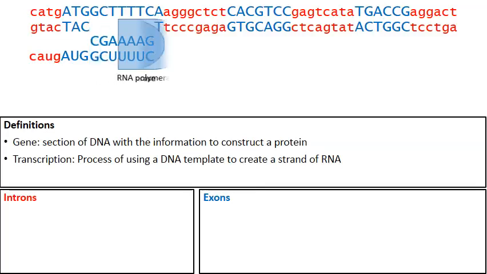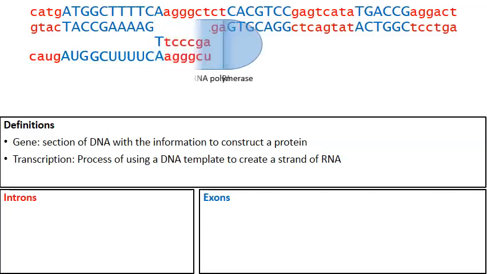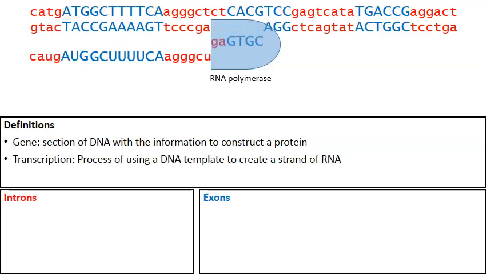So the enzyme RNA polymerase moves on down, the DNA rezips, the RNA polymerase pries open the next group of A's, T's, C's, and G's, and transcription proceeds. Notice how transcription is actually building off of introns and exons. Both introns and exons are transcribed, and that's fairly important. So the enzyme RNA polymerase continues to move on down, and transcription proceeds.